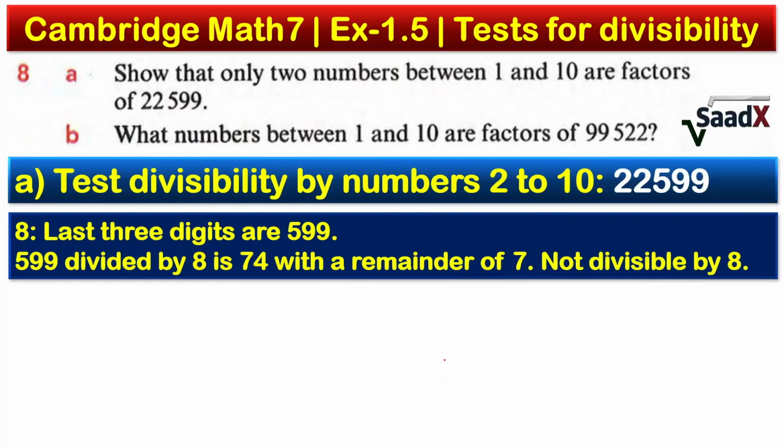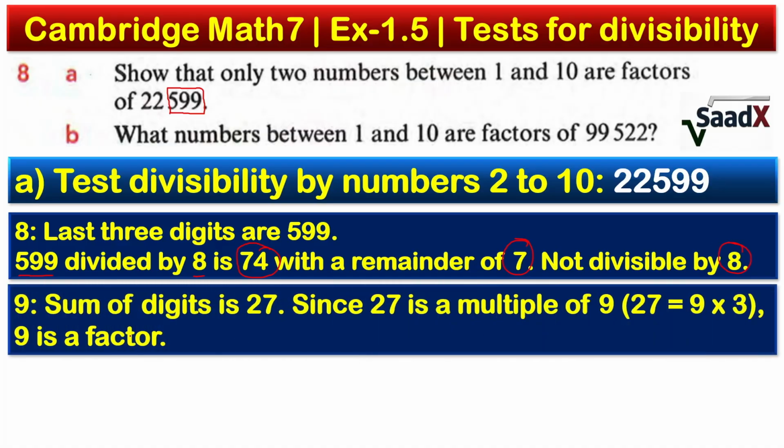Now 8. We know if the last three digits are divisible by 8, the number is also divisible by 8. But when we divide 599 by 8, the quotient is 74 and the remainder is 7. Therefore, this number is not divisible by 8.